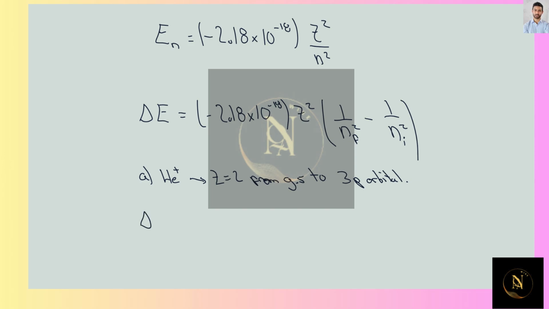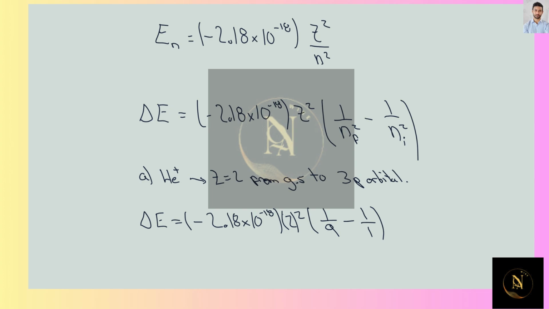So your formula is correct, but the mistake that you made is on the sign of the energy that you're going to get. Because this now becomes 1 over 9, because it's 3 squared, minus 1 over 1. Instead of Z, we're going to have a value of 2 squared, which is 4.